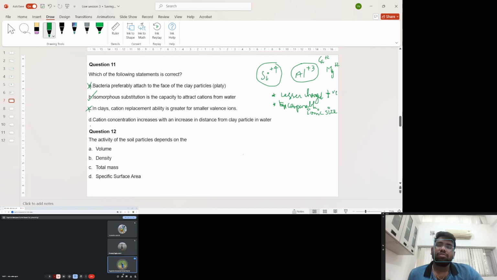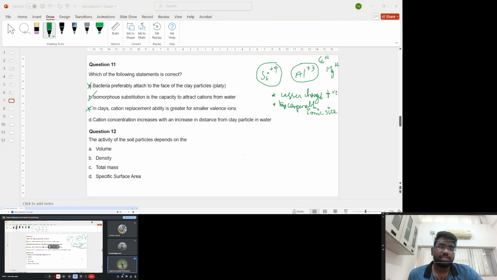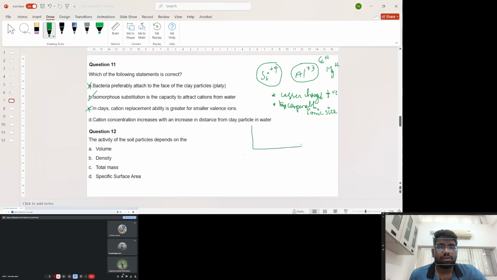And the fourth one is cation concentration increases with an increase in distance from clay particle in water. So what happens to the cation concentration? It increases or it decreases? Decreases. So the ideal curve will be, if you take a distance d, that is distance from the clay surface, and cation concentration c, maybe it will be like this, right?